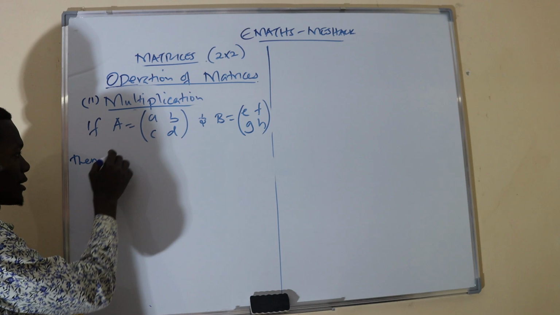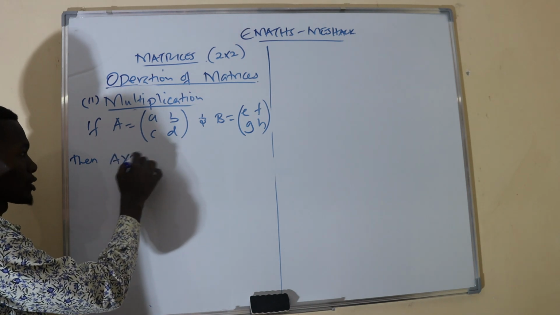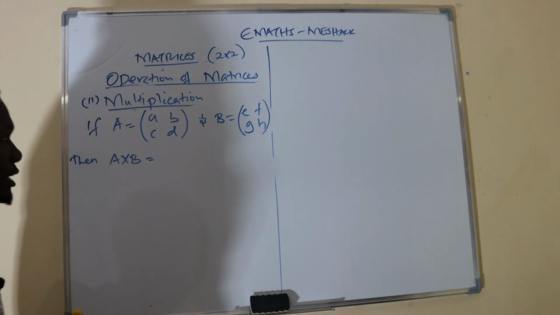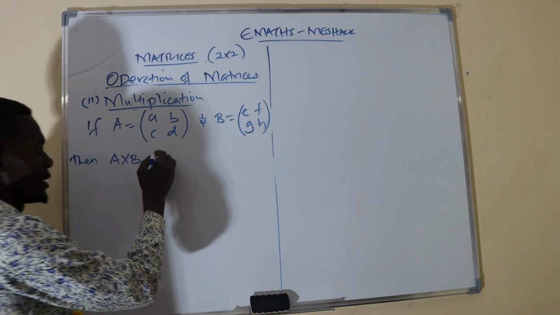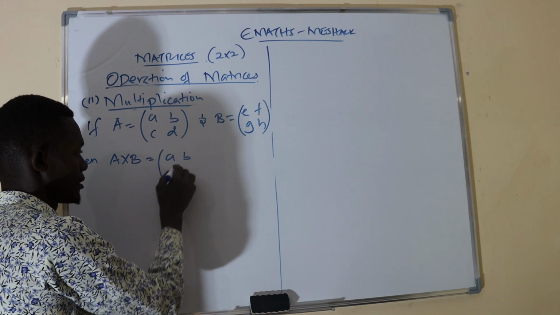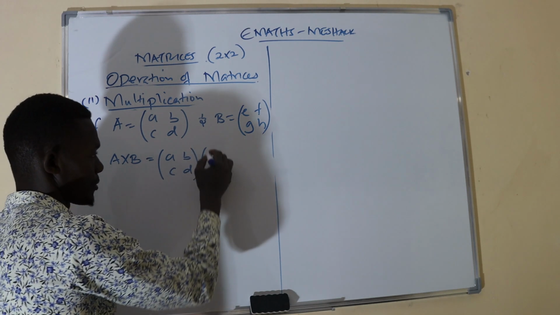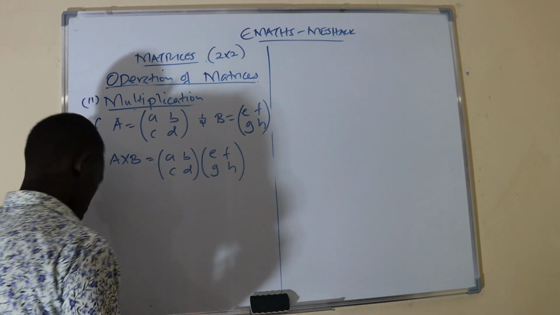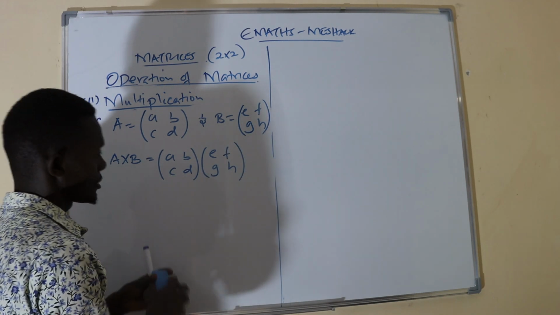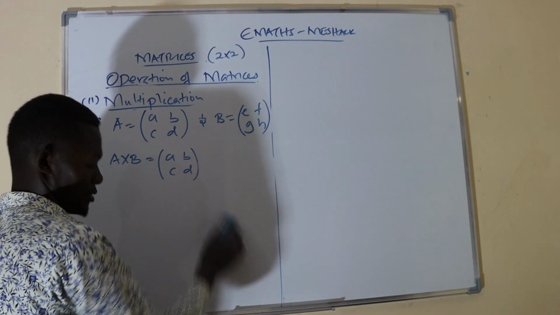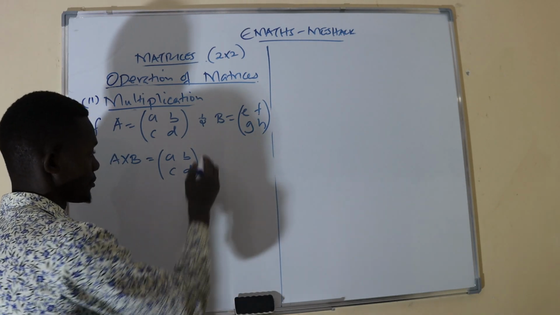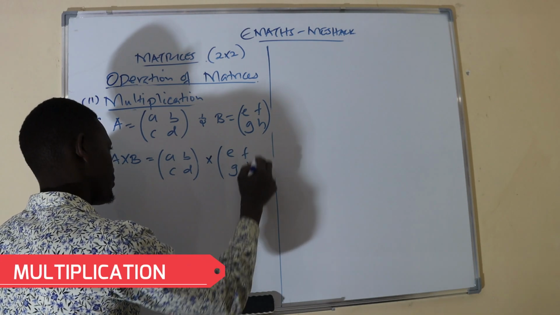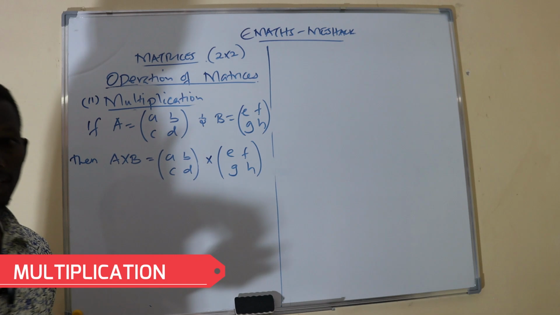Then we say A cross B, or A multiplied by B, sometimes written as AB, which means A has been multiplied with B, shall be given by A, B, C, D multiplied by E, F, G, H.